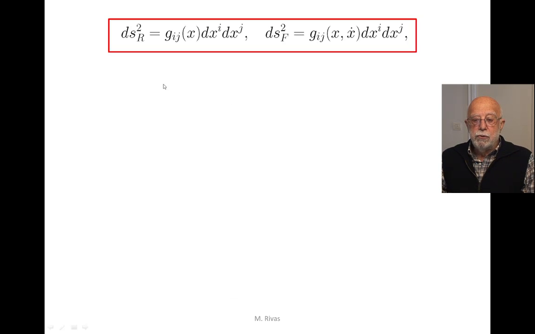But you see, what is the difference between a Riemannian metric and a Finsler metric? In a Riemannian metric, the distance between 2 points depends on their separation, and of course on the point. But in a Finsler metric, the distance depends of course on their separation, but also on the velocity of going from one point to the other.